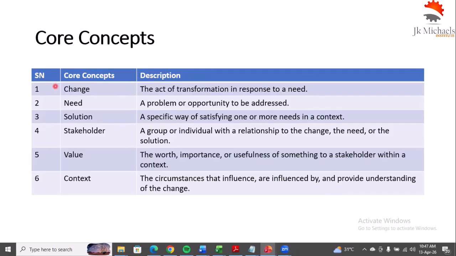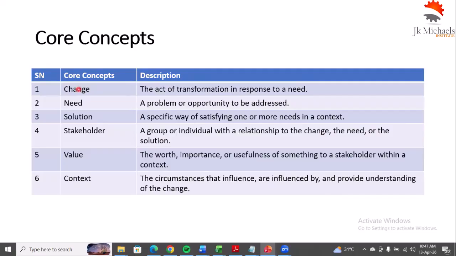And then the context is simply the circumstances that are influenced by or help us to understand a change. Now, remember the change I spoke about, if we have to initiate projects to address the fact that our market and our customers are beginning to shift or tilt towards the product of a competitor, that's a very good example of a context.